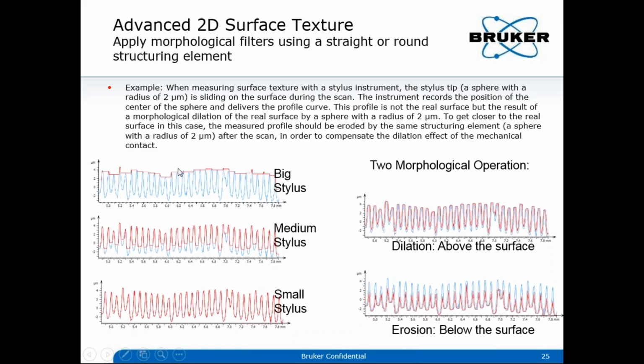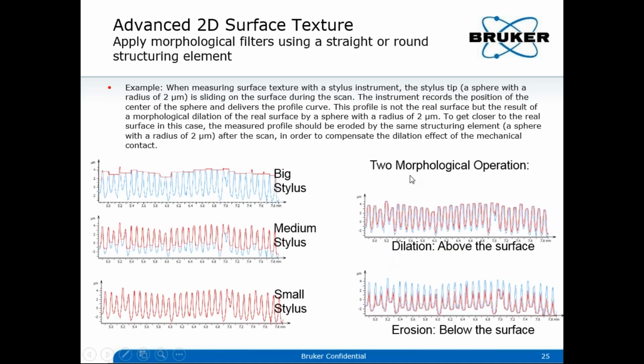If we use a smaller stylus, the red line simulates how it works on this surface using a medium size stylus. And you can also use a small stylus, and in this case you certainly need a smaller stylus to scan a surface should you want to measure the surface using the 2D stylus method.